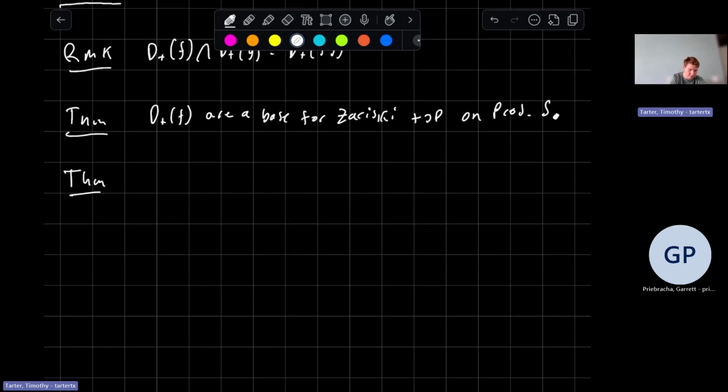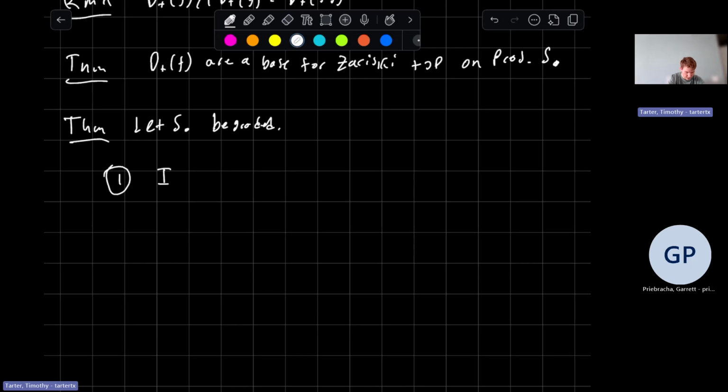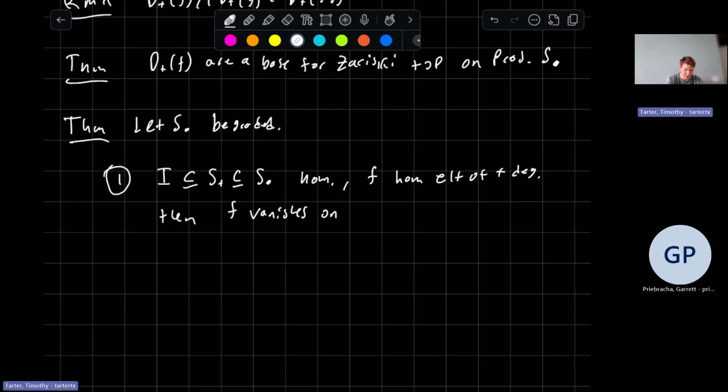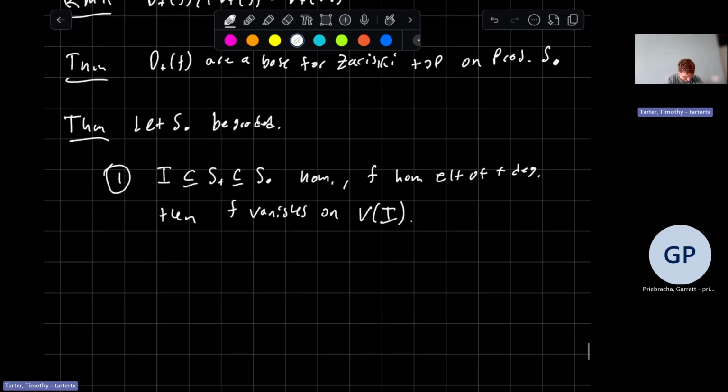So, theorem, let S be graded. If I is any homogeneous ideal contained within the irrelevant ideal, and if F is a homogeneous element of positive degree, then F vanishes on, the vanishing is the ideal.